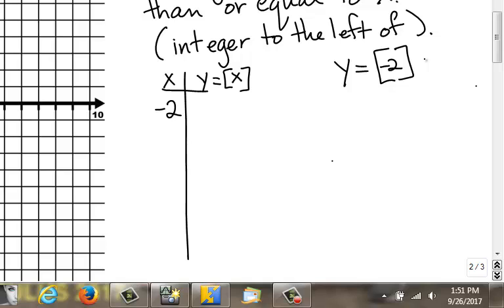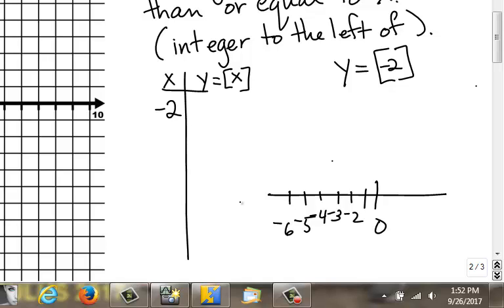Think about just a number line, not a coordinate plane. If I was just on a number line and I had all these integers, all these integers out here are less than or equal to -2. What's the greatest one? -2. So that's our value, -2.